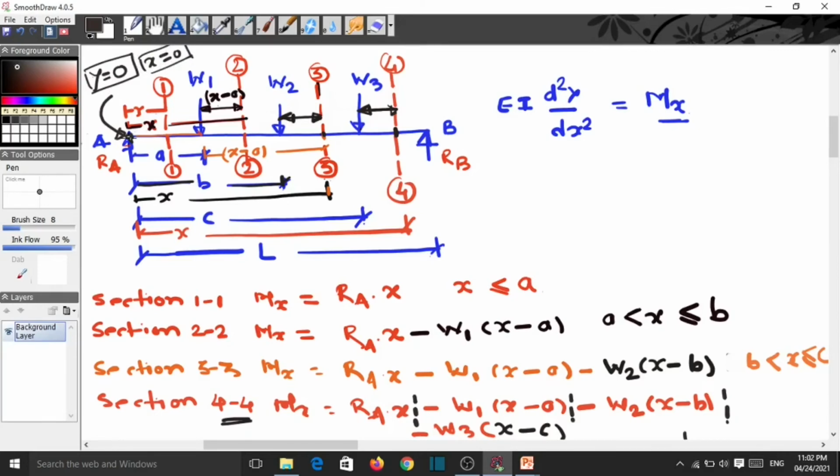So x equals 0, y equals 0. Again at support B, at this end, if x is equal to L, y is equal to 0. So we have to apply these two conditions for the simply supported beam.